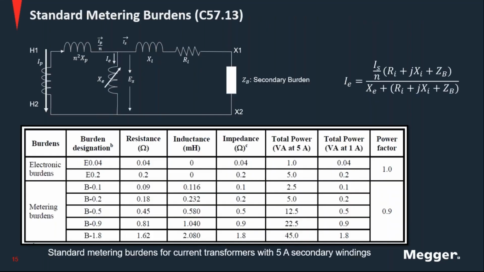Okay, I hope that makes sense. And now let's talk about the other part of the accuracy class classification. So now we need to talk about the burden. I'm showing a different drawing here, but it's the same circuit.